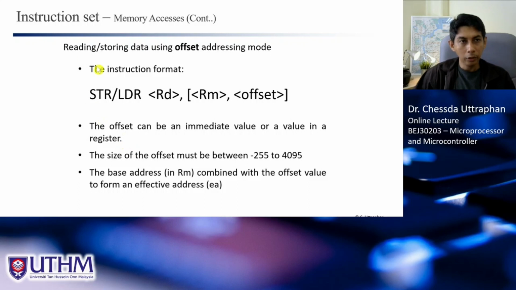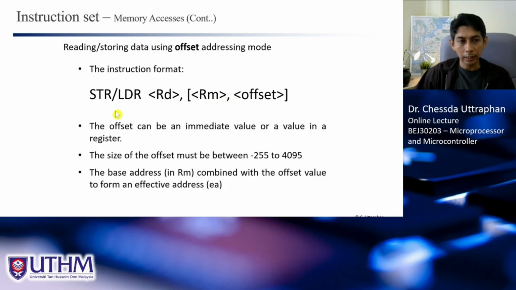Now we will look at the extension or variant of the load and store instruction. We have the option to use what we call the offset in the addressing mode. So what is the offset? The offset is another piece of information that we use to generate the effective address in order to get our data.